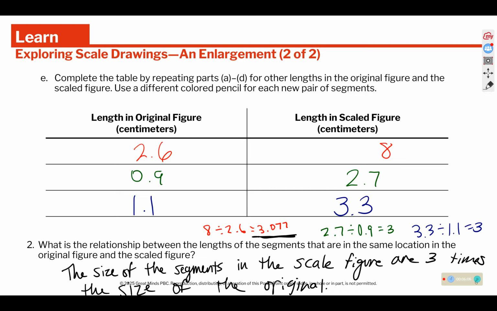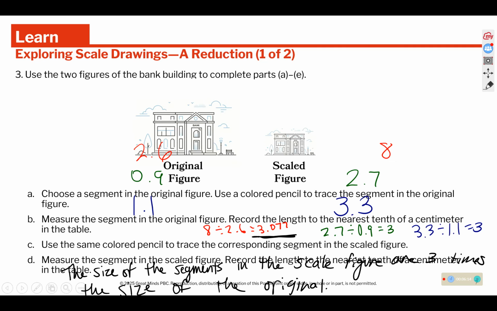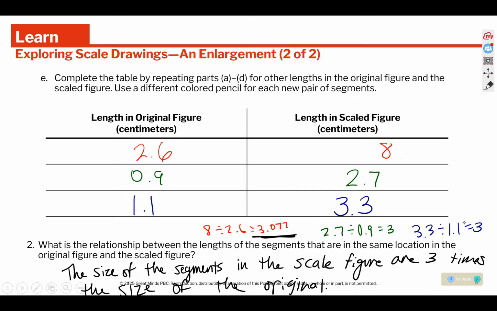But we're humans, and we're measuring with a ruler that may or may not be perfect. So there's an acceptable amount for it to be different because it's a scale drawing and we're measuring as a person, not using something that's set up to give us exact answers. So it's okay that it's slightly different. We're just making a general assumption here, or a generalization.